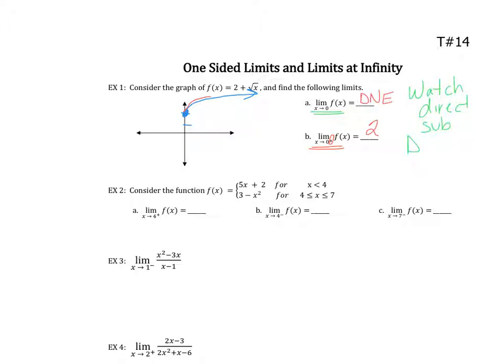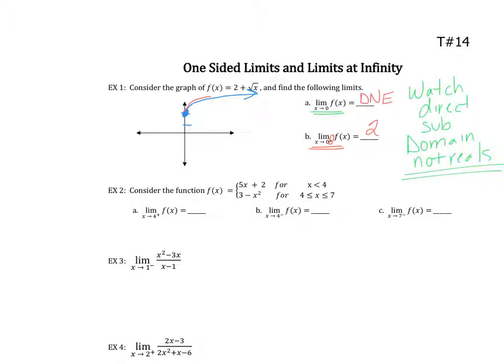Especially if you're at that point where the graph is at the edge, you have to think of the graph and the fact that it's not even existent to the left of 0, so I can't find both the limit from the left and then the overall limit.